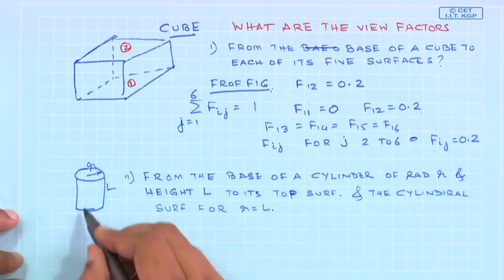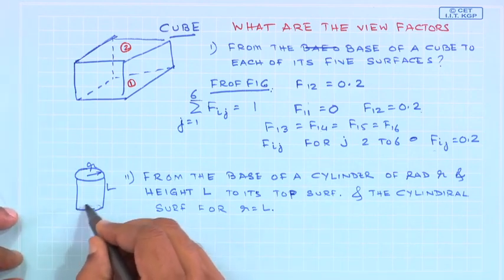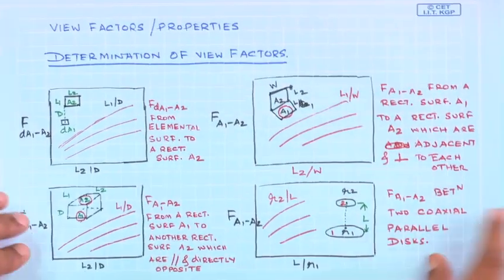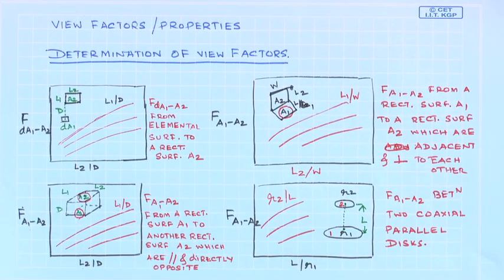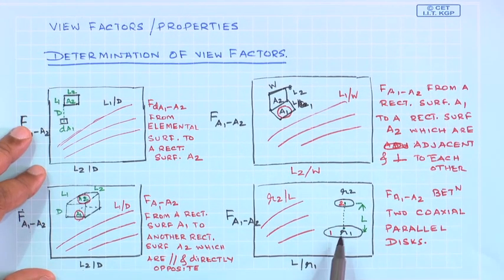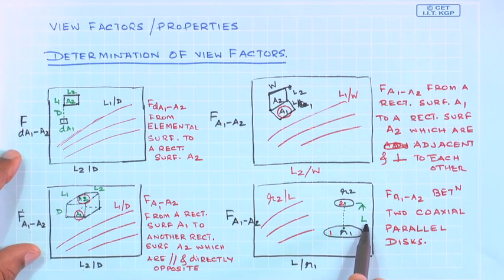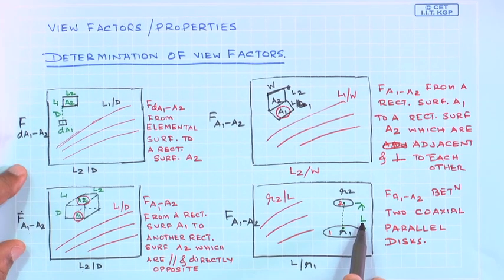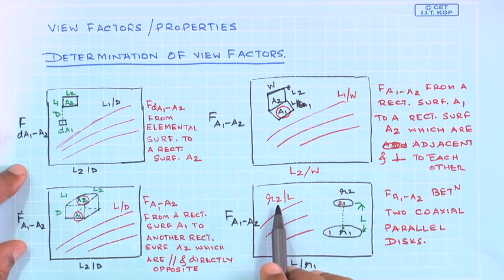So, from the base of this surface to the top of the surface for the case when r is equal to L, what you need to do is you need to use obviously this figure, but in this case r1 would be equal to r2 and the value of L is assumed to be, for the problem given, r1 is equal to r2 is equal to L. So, therefore, your L by r1 and r2 by L will have values equal to 1.